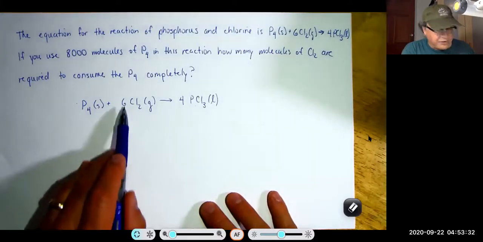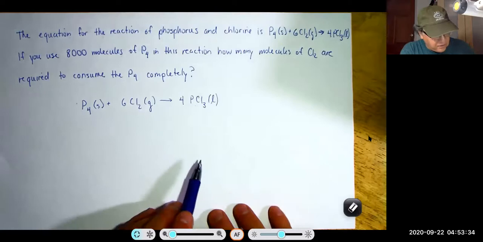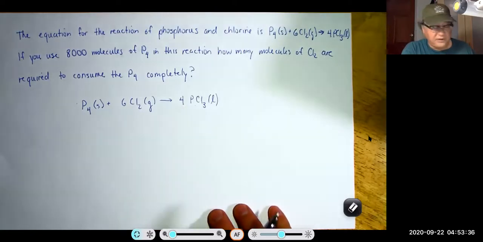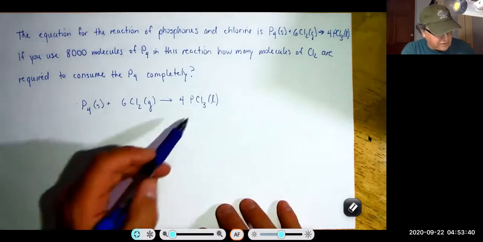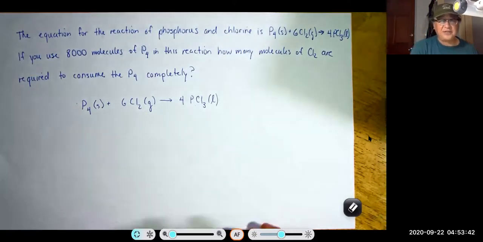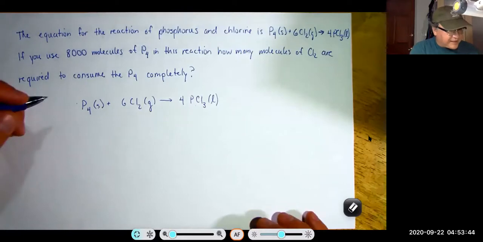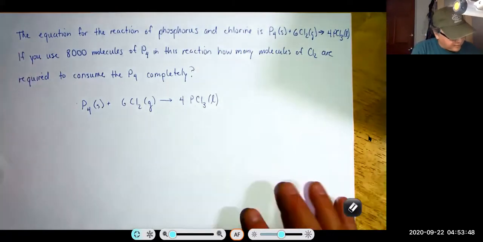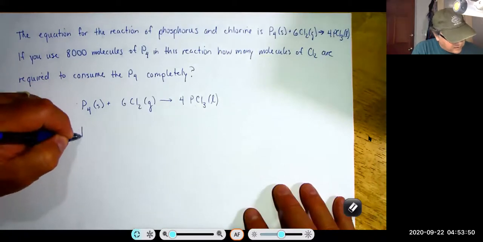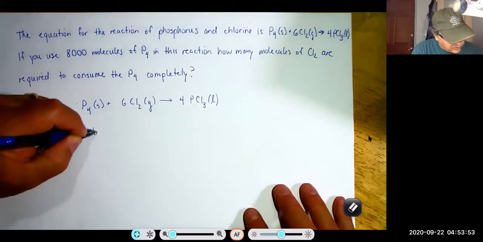Chlorines, 6 times 2, 12 chlorines. 4 times 3, 12 chlorines. So this matches. Now, this says molecules rather than moles, so I'm going to write this a little bit differently. I'm going to put 1 molecule.